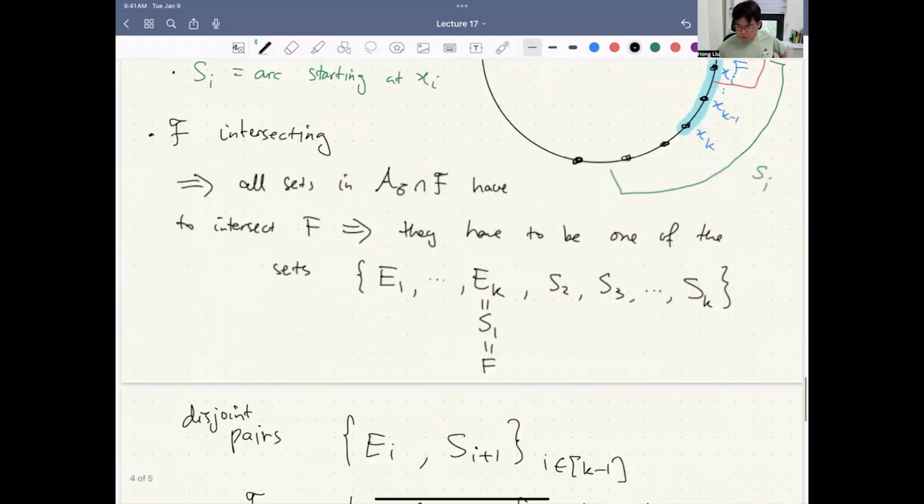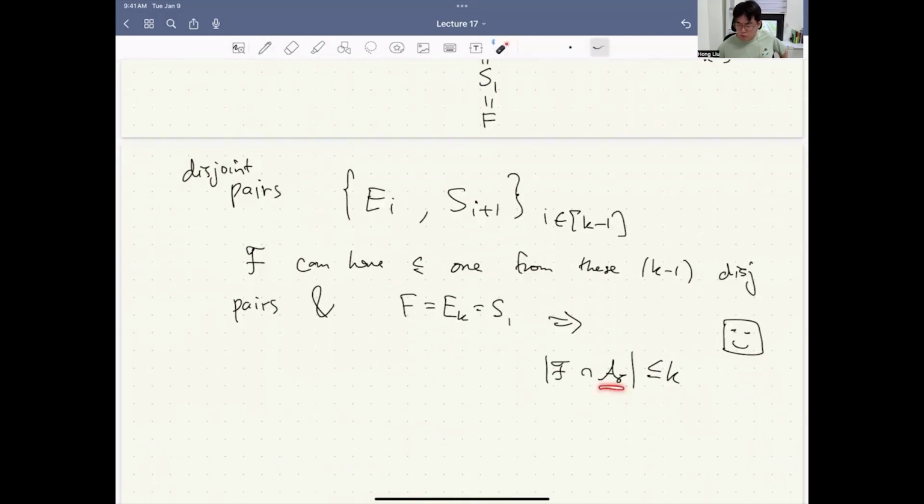We are proving the number of arcs in F is at most K. It could be 0. We are proving an upper bound. For example, if you start your intersecting family to be a single set F, definitely there are some cyclic arrangements where this single set does not appear.